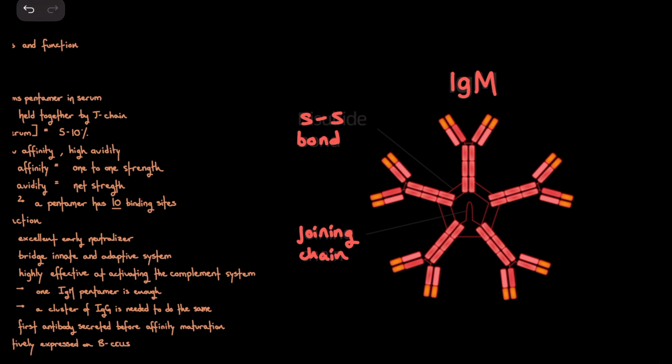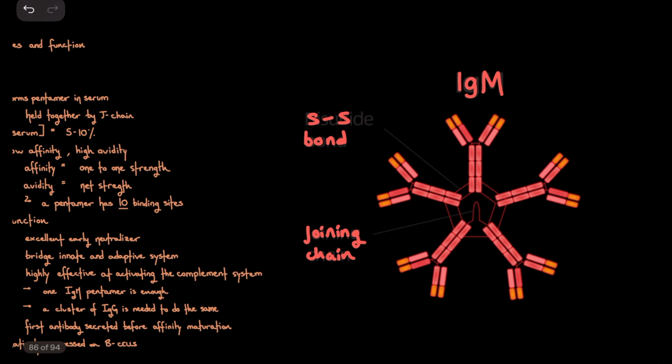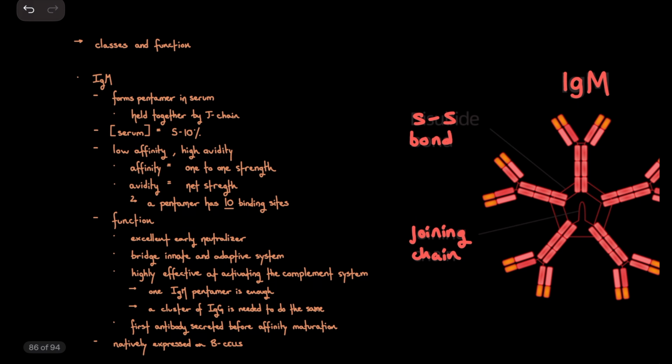I don't know the biochemistry, so I'm not going to make you know it, but for whatever reason, it likes to do this in serum, in our blood. It's about 5 to 10% of the antibodies. Not necessarily the highest affinity, so not the best at tagging, but high avidity. High avidity. Cool concept I want you to understand.